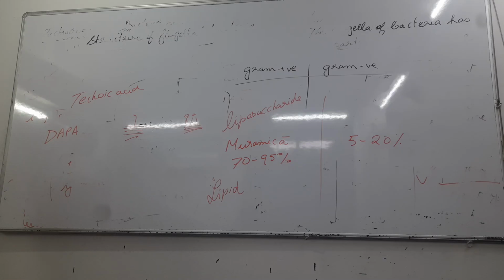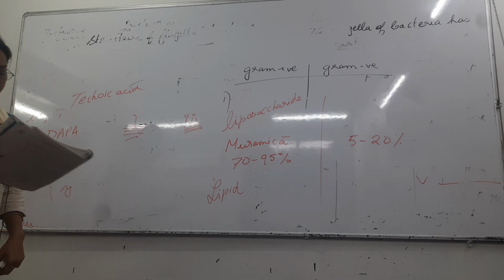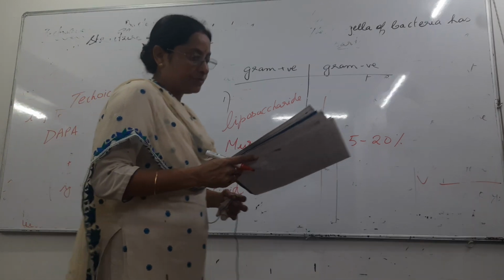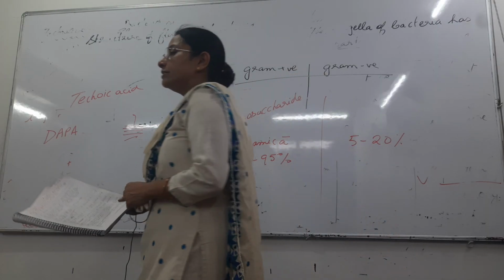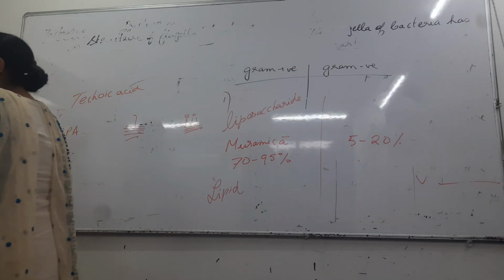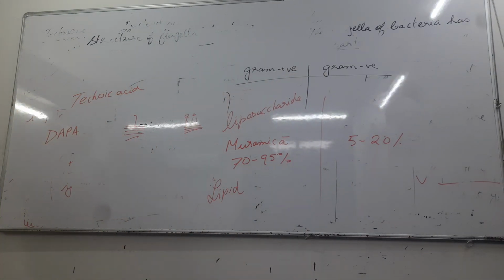Next point. Gram positive or likha, the cell wall is more sensitive to antibiotics like penicillin.